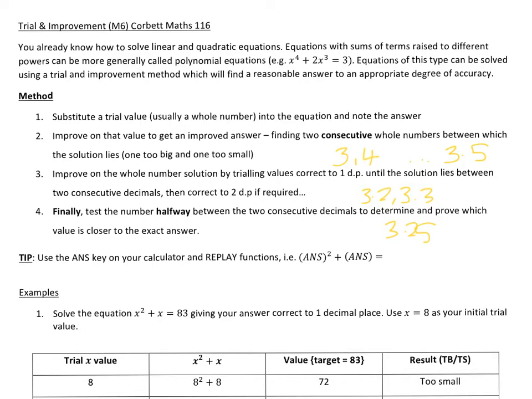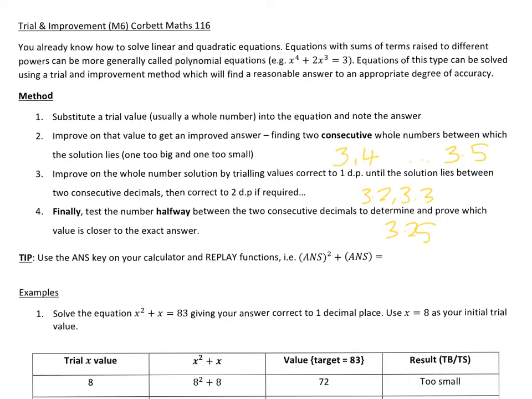There is a quicker method to do this with your calculator, and that's to type in your guess first of all. So if your guess was 3, you would press 3 in the calculator and then press equals. What that does is it stores it as an answer. So if you were to use the ANS button on your calculator, that would produce the number 3. But what we can do is write the equation, and anytime we have an X, we press the ANS button.